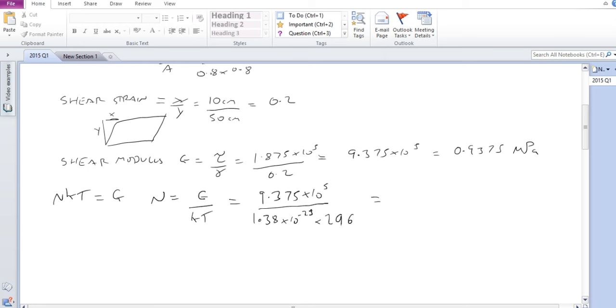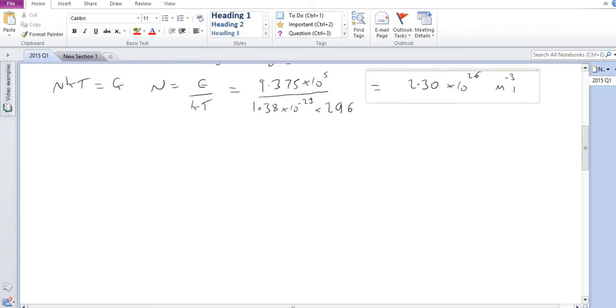If we work those out, that comes to 2.30 times 10 to the 26. It's a very big number, but we would expect that because this is the number of chain segments, the number of chain bits, within a cubic meter. So the units are per cubic meter. That would be the answer for that second part.